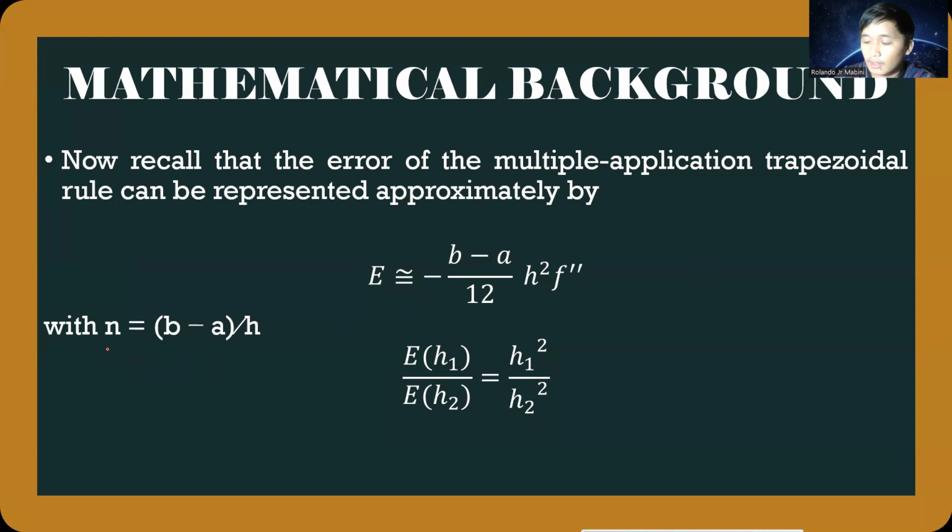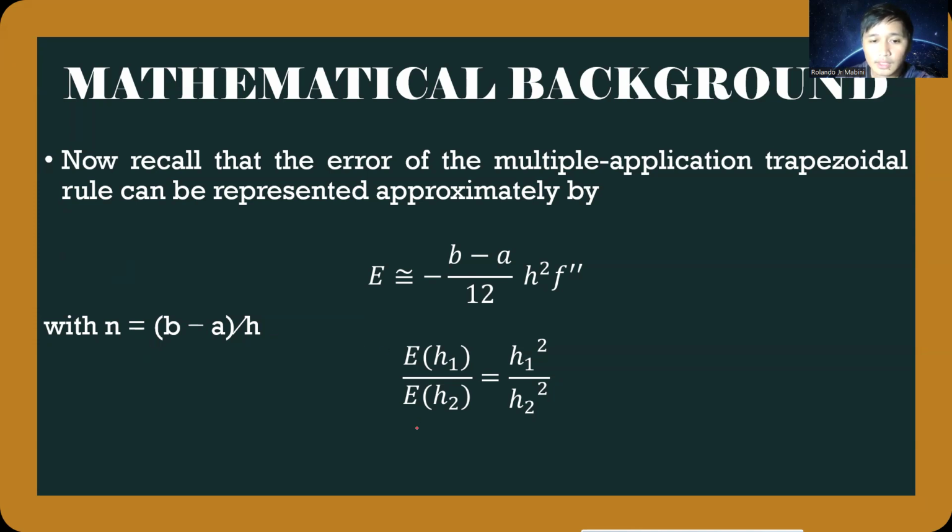This is what I have shown earlier, the trapezoidal rule. Actually that was in terms of h, but in this case it was just rearranged in terms of n. So anyway, the same equation still.